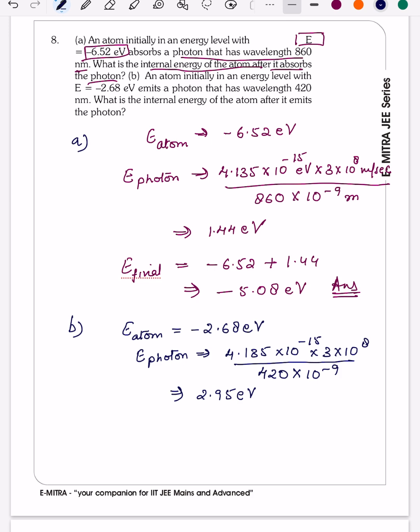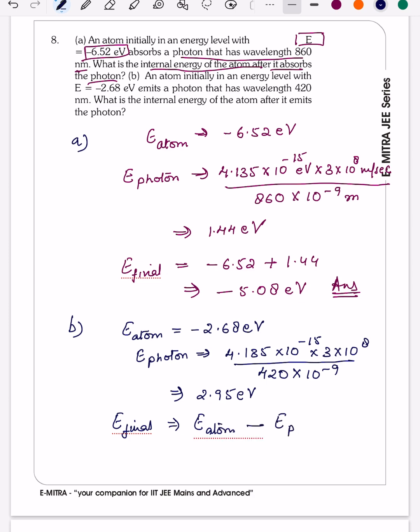And it is asking what is the internal energy of the atom after it emits the photon. So after the photon has been emitted, what will the final energy be? Final energy will be the energy of the atom minus the energy of the photon, because it has emitted the photon.